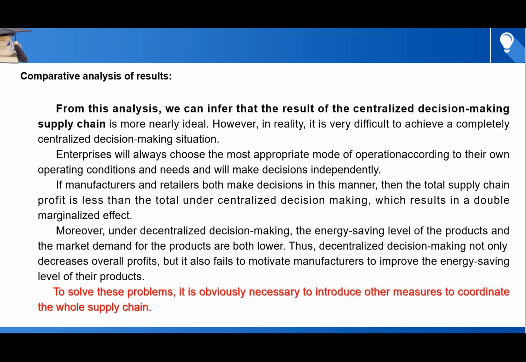Thus, decentralized decision making not only decreases overall profits, but it also fails to motivate manufacturers to improve the energy saving level of their products. To solve this problem, it is obviously necessary to introduce other measures to coordinate the whole supply chain.